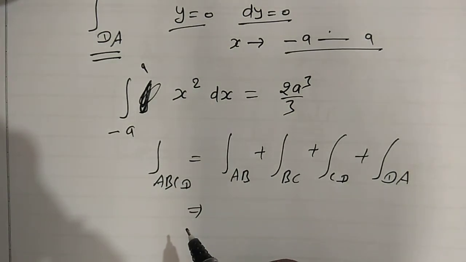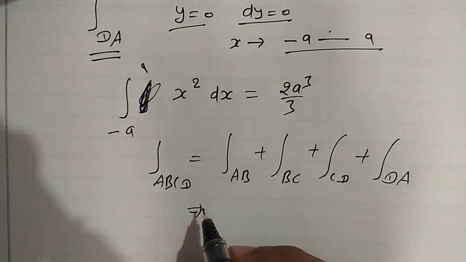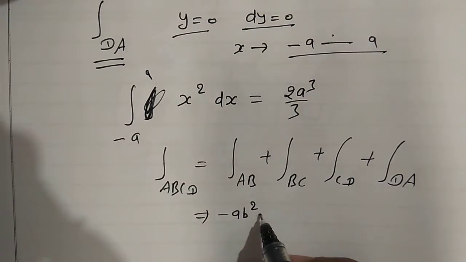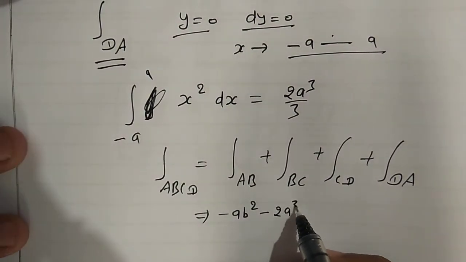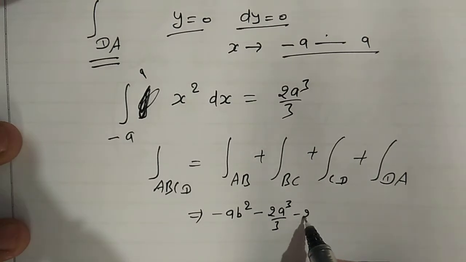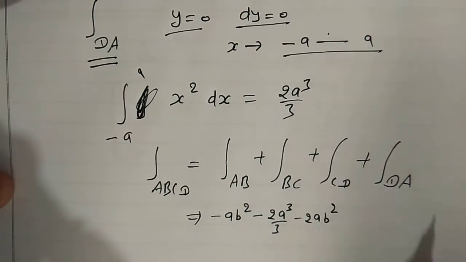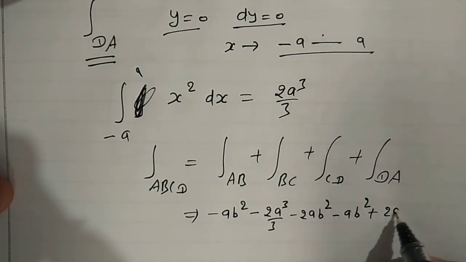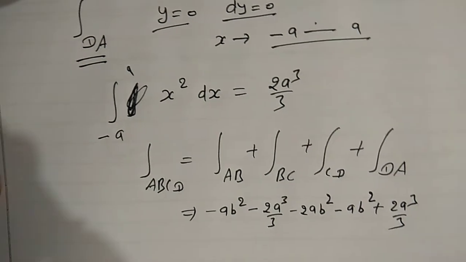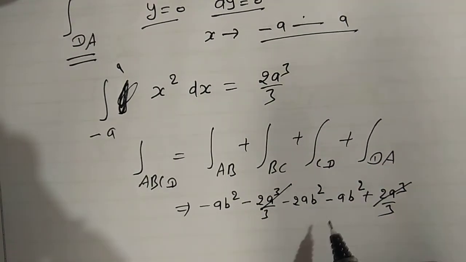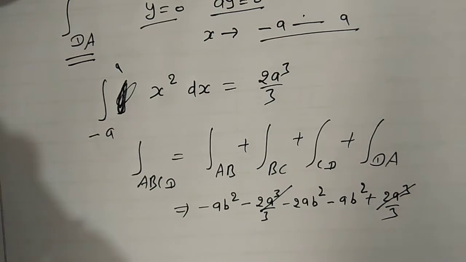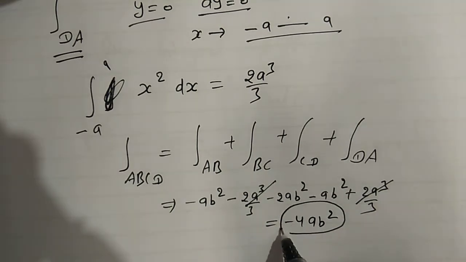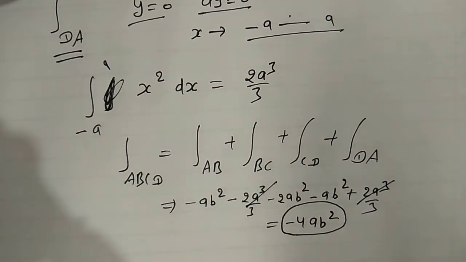So along the AB we have minus ab square, along the BC we have minus 2a cube by 3 minus 2ab square, and CD we have minus ab square and DA we have plus 2a cube by 3. So if you simplify, to cancel, we have minus 4ab square. So the line integral equals minus 4ab square.